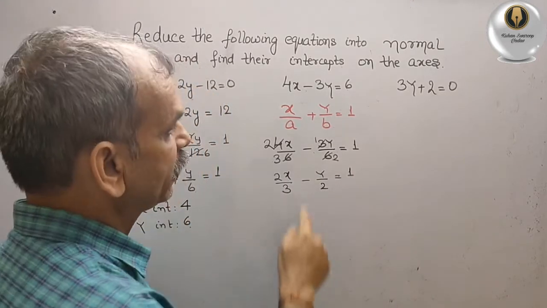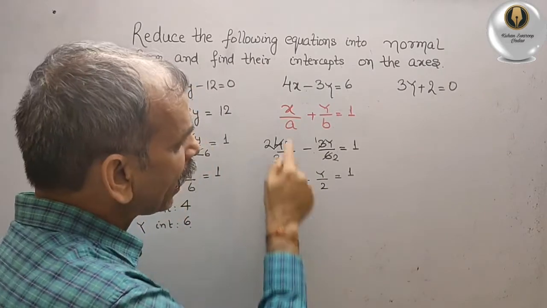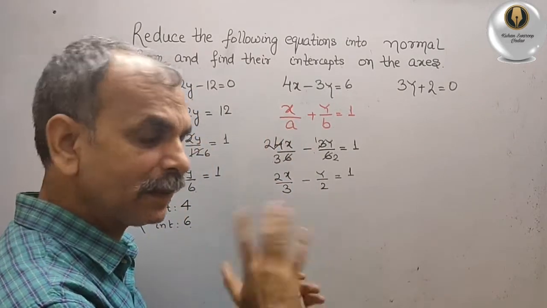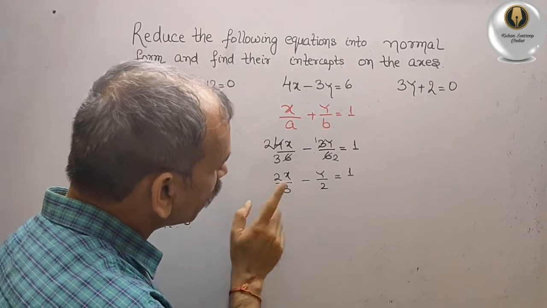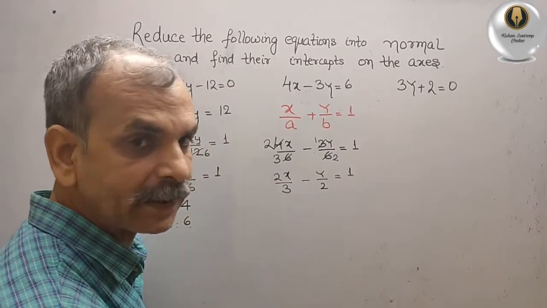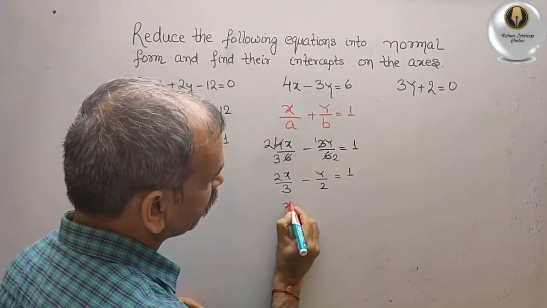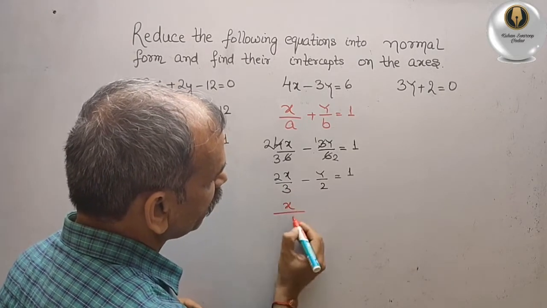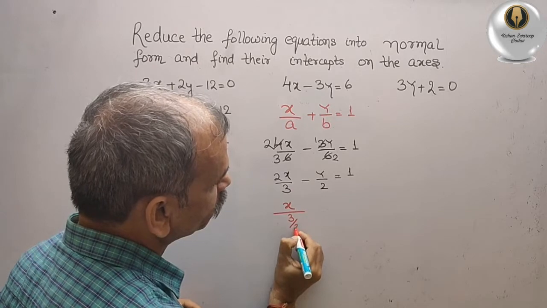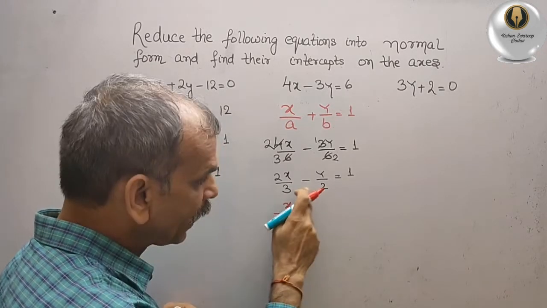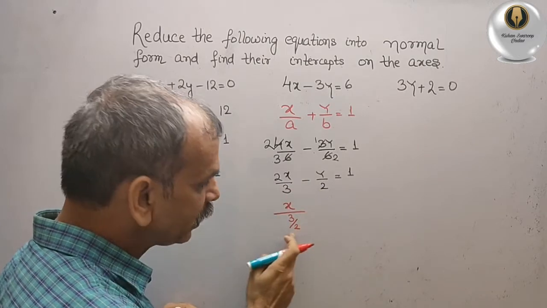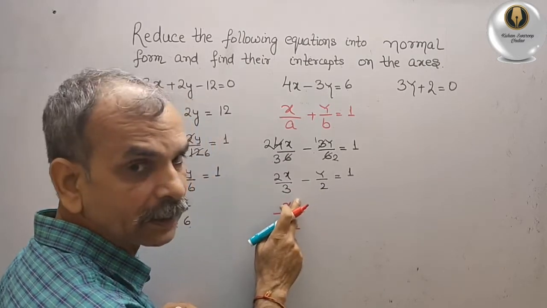Now compare our formula. Here alone x is there, there is no coefficient, nothing is there. So how we will write 2 by 3? We can write it as x by 3 by 2. If you cross multiply it, outer to outer, inner to inner, it will come as 2 will come with x. Same.